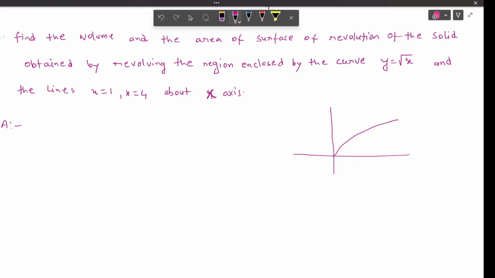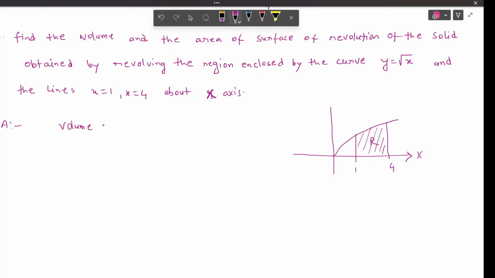That means you can take only positive values of x here because it is under square root. So you will get only positive values of y. Now here the lines: let us say this is the line x equals 1 and this is the line x equals 4. This is the area. This is the region and you have to revolve around x-axis. Okay.